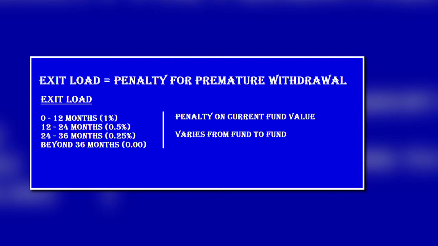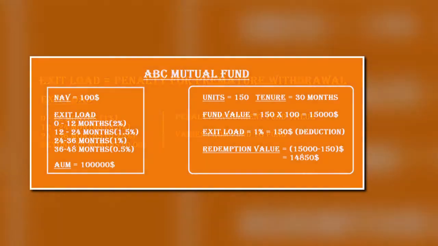Now, let's take a practical example. Suppose you have invested in ABC Mutual Fund since the last 30 months. And today, you want to withdraw your money. The box on the left-hand side shows the scheme details of this fund.